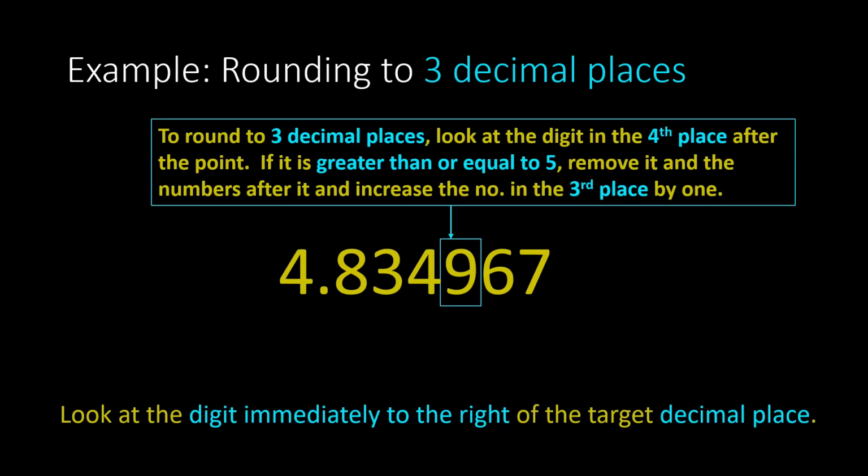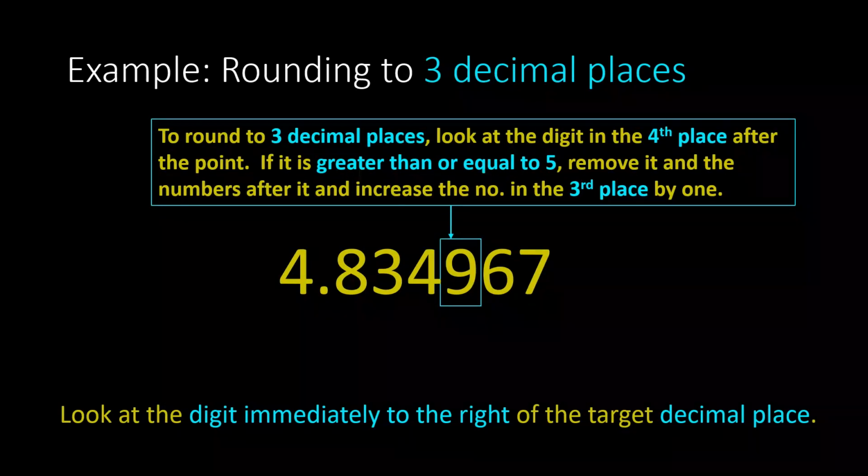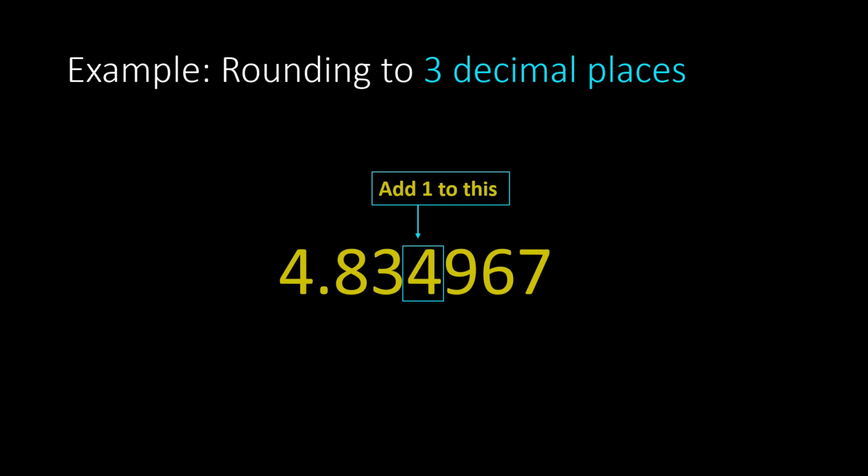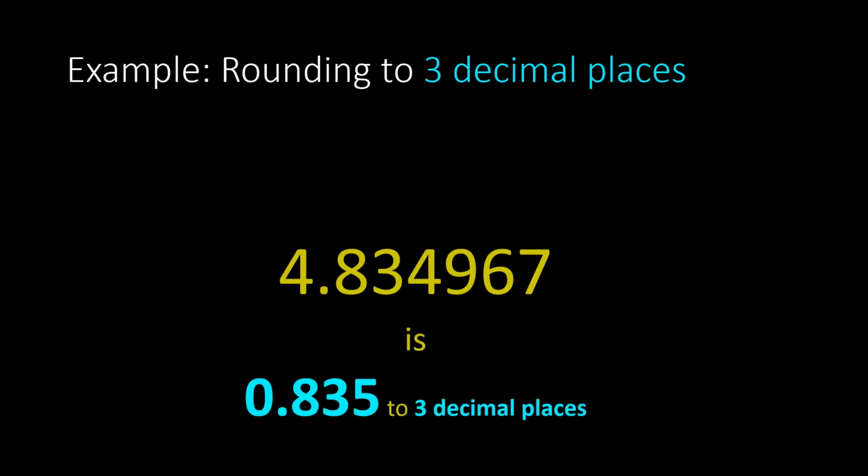We now look at the digit immediately to the right of the target decimal place, which is this number 9 here. Clearly, it's greater than or equal to 5. Therefore, we remove it and the numbers after it. So we remove these and then add 1 to this. So this number is 4.835 to 3 decimal places.